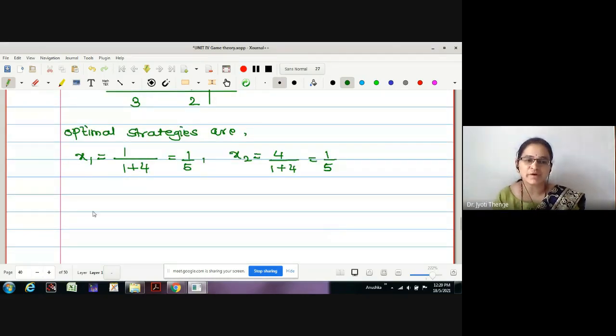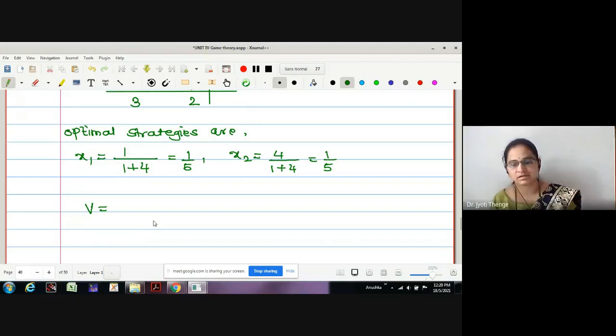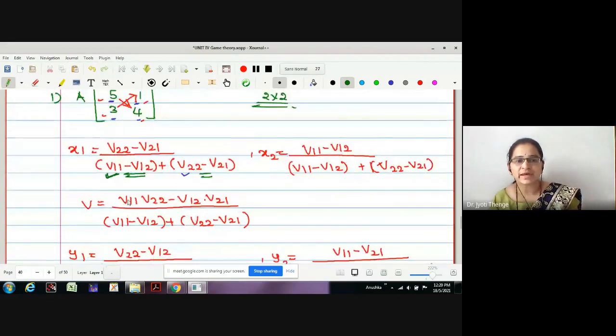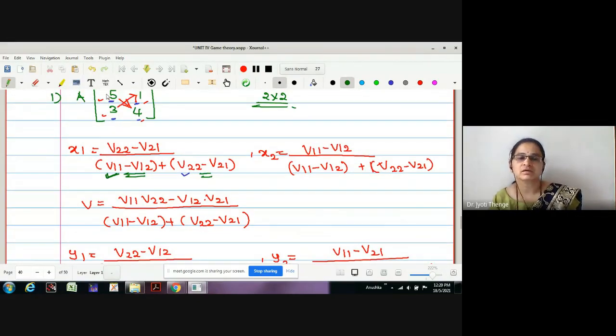How will you find out the value of a game? Yes? 4 by 5, ma'am. Oh, sorry. What for the value of a game? For the value of the game, the denominator is as usual the same as that of x1 and x2. Only we have to find out the numerator. And what is the numerator?